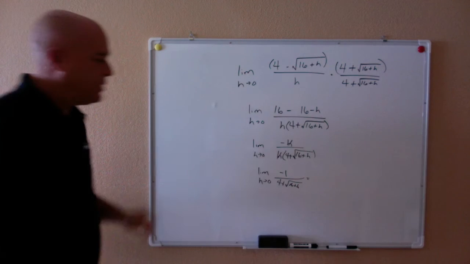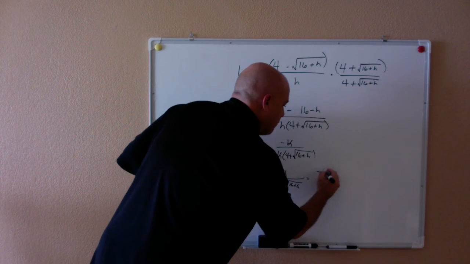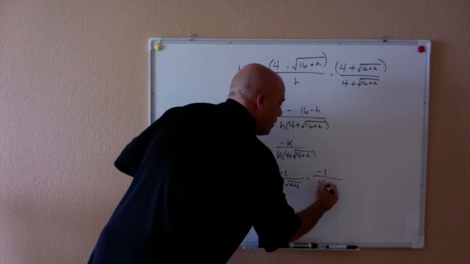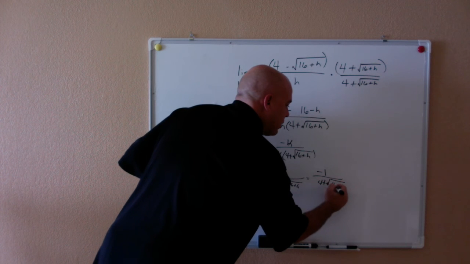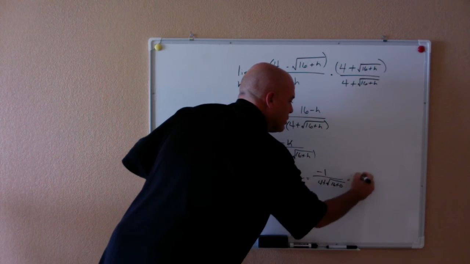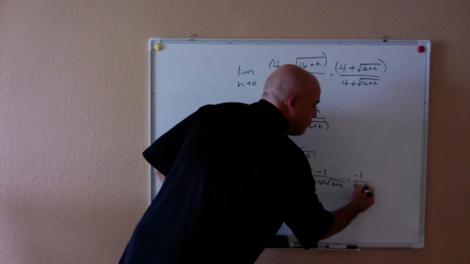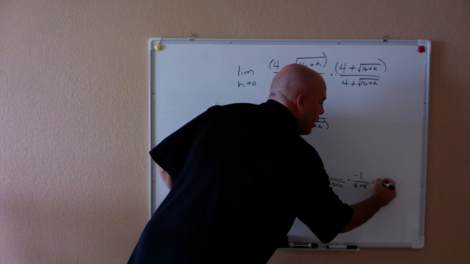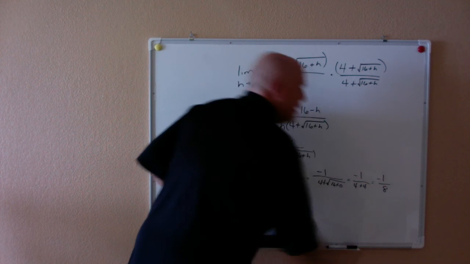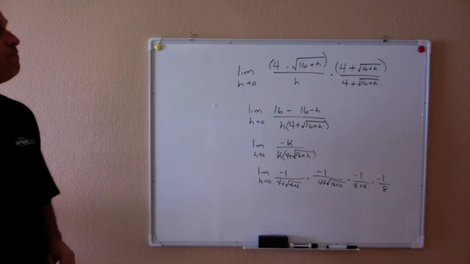And as h goes to 0, that's going to be -1 over 4 plus the square root of 16 plus 0, which is -1 over 4 plus the square root of 16, or 4. And so my limit here is going to be -1/8.